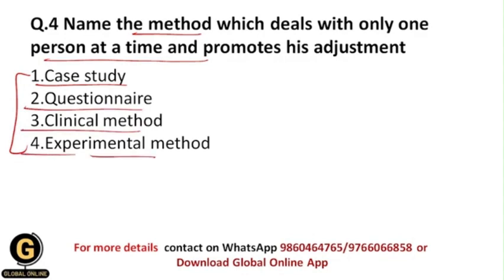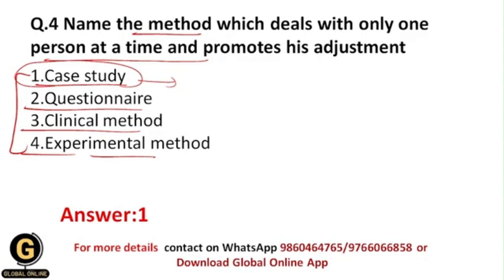Now all of you understood that your correct answer over here should be case study. As we have seen earlier in this video, within the case study, we study in detail information about a single person at a time. And that's why case study is the method which deals with only one person at a time, and also promotes that person's adjustment.